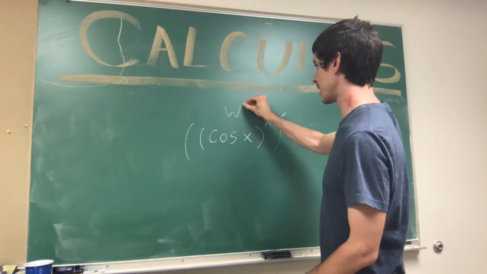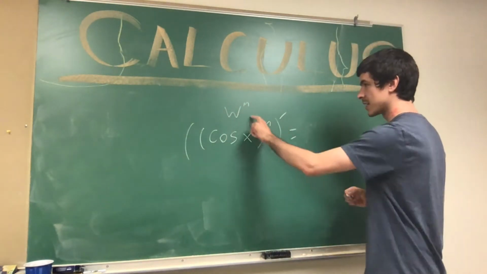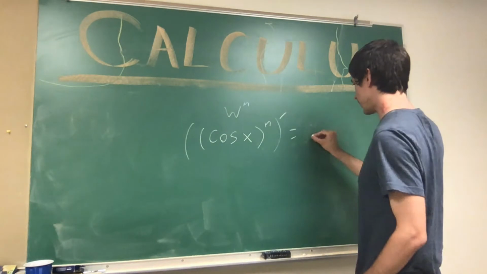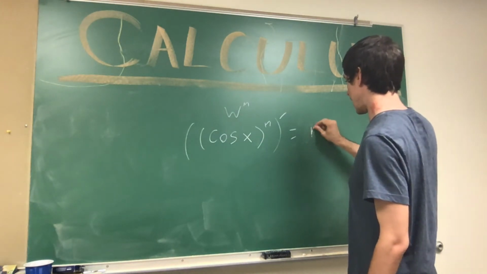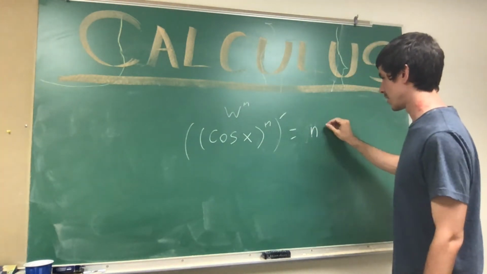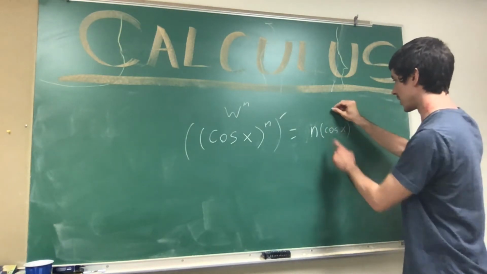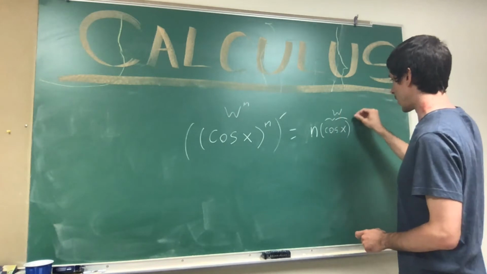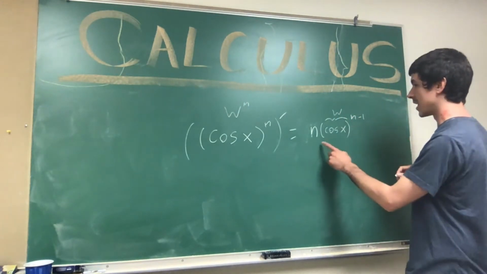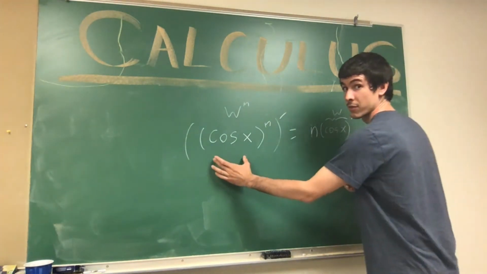Because this is w to the n, you could say. And we first take the derivative of this function. So n times cosine of x, this is our w, raised to the n minus 1 power. And then we multiply it times the derivative of cosine of x.